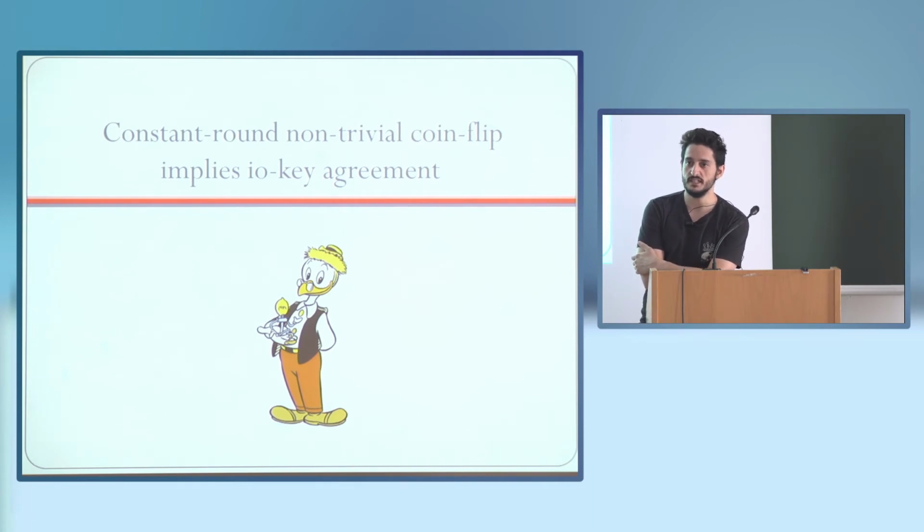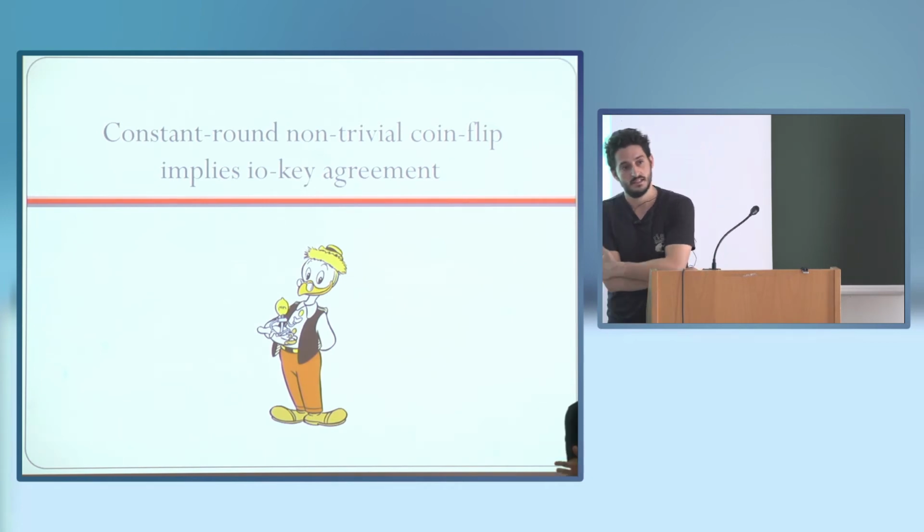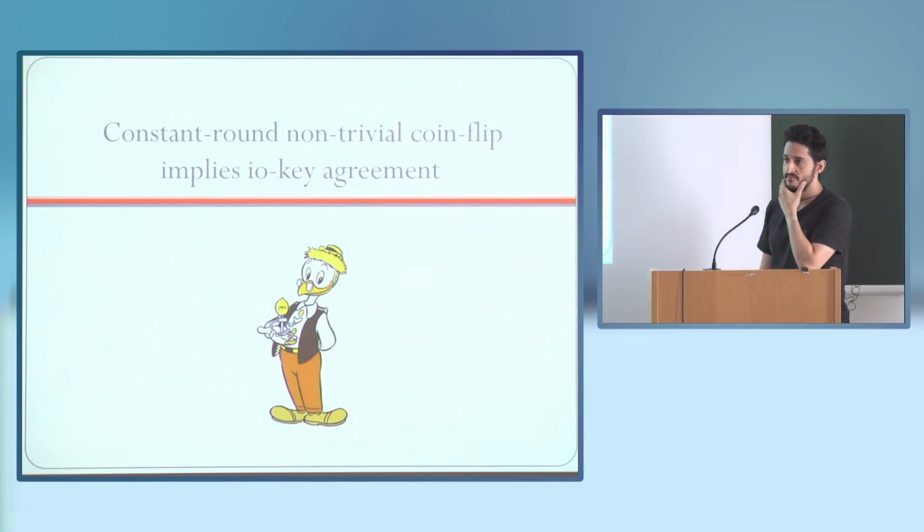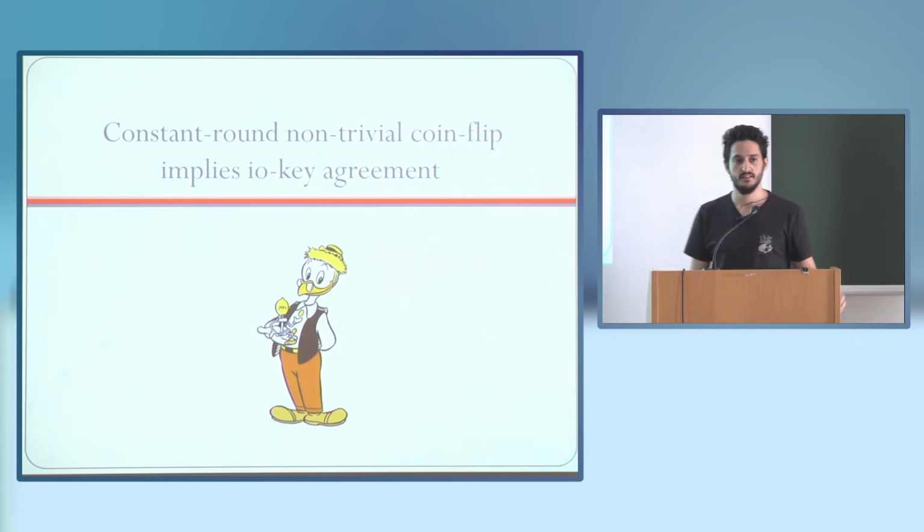I guess not, because I don't know how to find the forecaster. But it exists. But that's the point, right? You're not going to actually build the key agreement using this. It's just a lower bound. The point is to show that you couldn't do it without the key agreement. The technical reason is we're using the forecaster to build the key agreement, and we don't know how to find the forecaster.